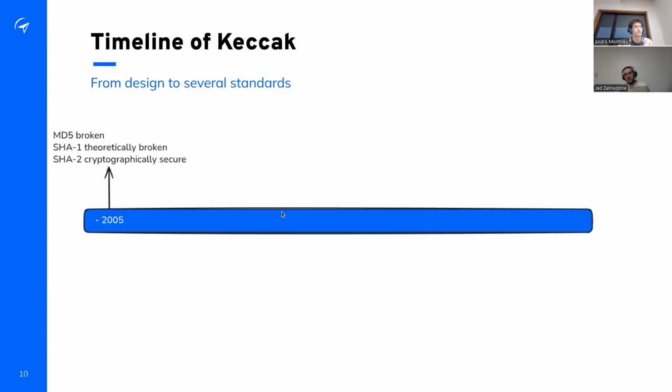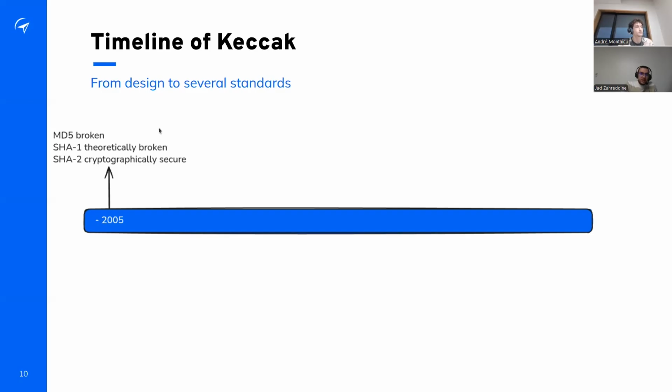Now that we know what a hash function is, let's take a look at the timeline of Keccak from design to several standards. So to start, up until 2005, many events had happened.